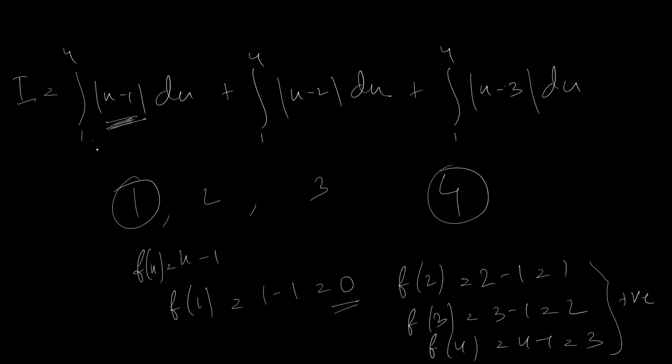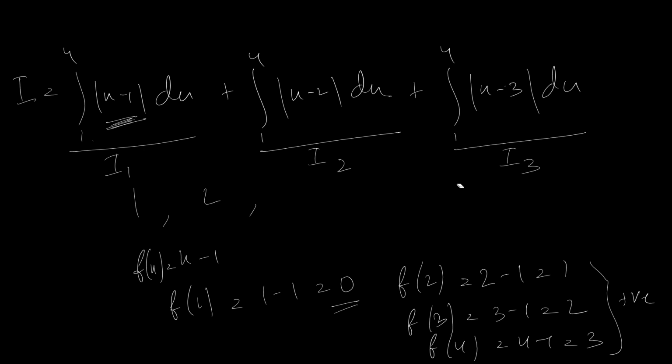So this integration I will consider as I1, this integration as I2, and this integral as I3. Okay, this is I1, I2, I3. First I will do I1, which is the integral from 1 to 4 of x minus 1 dx.